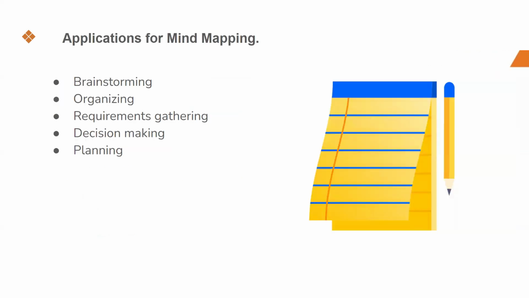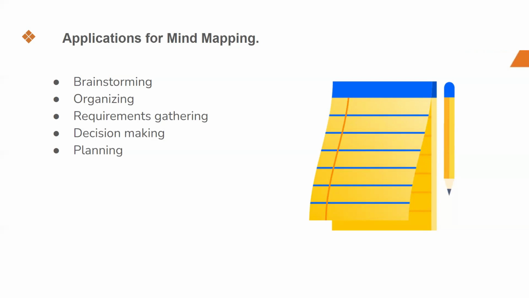When you are doing a mind map, the applications will be brainstorming, organizing, requirement gathering, decision making, and planning. These are a few things which will arise in your mind first. For example, when you are working on a project like Phone Blaster, the first requirement will be the tech stack we'll be working on, and how that will be done.